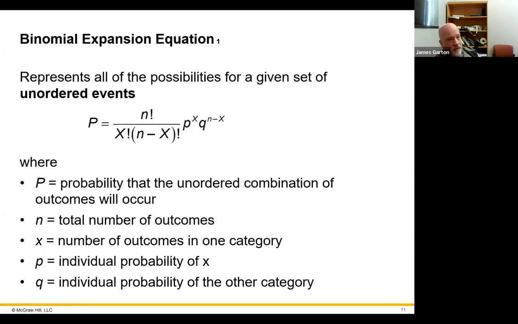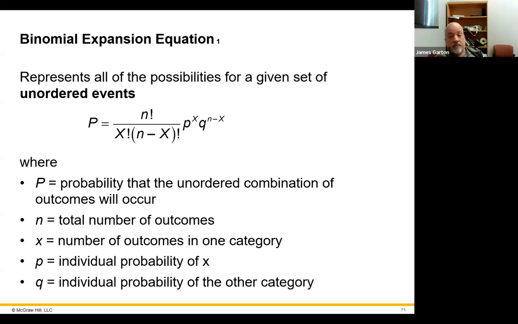Now, there is another equation. It's called the binomial expansion equation. It gives the probability that the unordered outcomes laid out in the problem will occur. N is the total number of outcomes. X is the number of outcomes in one category. N minus X will be the number of outcomes in the other category.